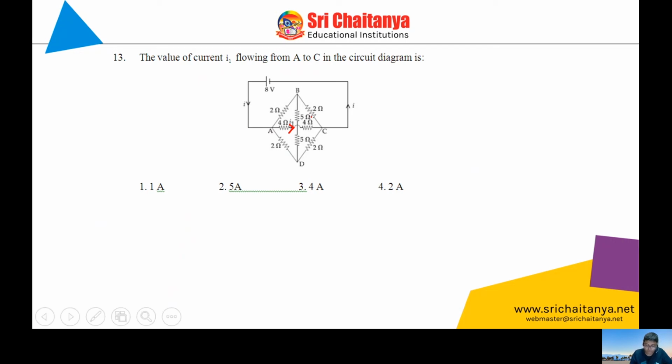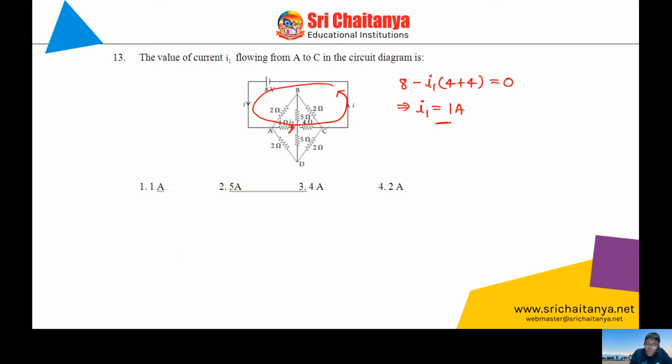So irrespective of what other resistances are in this system, we can simply write KVL in this loop. That will allow us to write 8 minus I1 into total resistance, which is 4 plus 4, equal to 0. So this simply will give you I1 equal to 1 ampere.